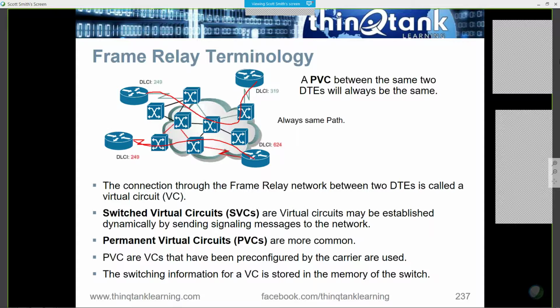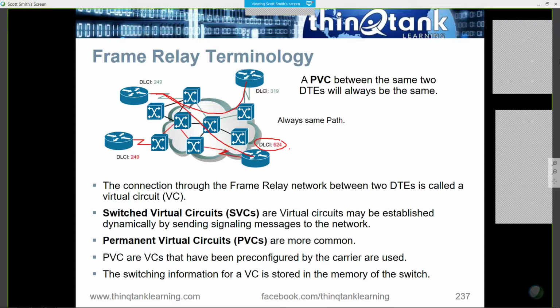These are basically just separate networks. It is possible to do something called multi-point frame relay, where this router here has a PVC that goes over to here, but it also has a PVC that goes down to here. That's called multi-point frame relay.